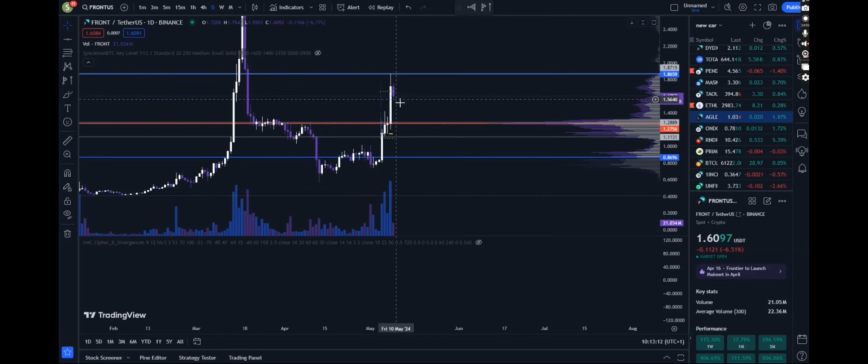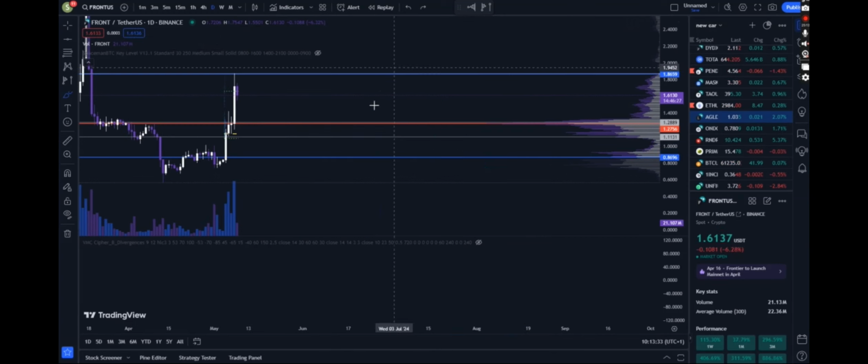And that's what I'm waiting for. I want to see this coin test this area before it can start to move off. Or it could come below this area and then retest value area low here. That's what I'm looking at the minute.